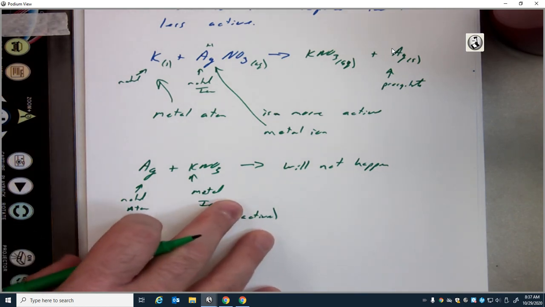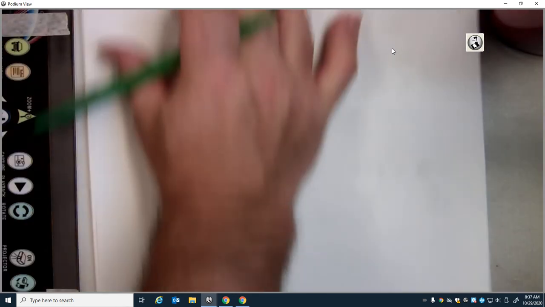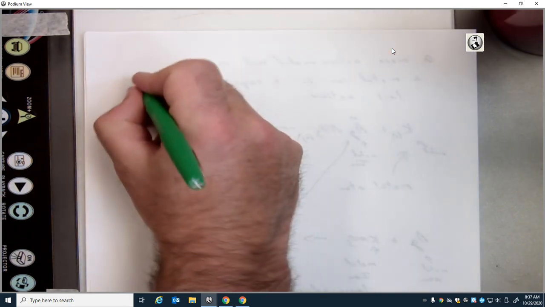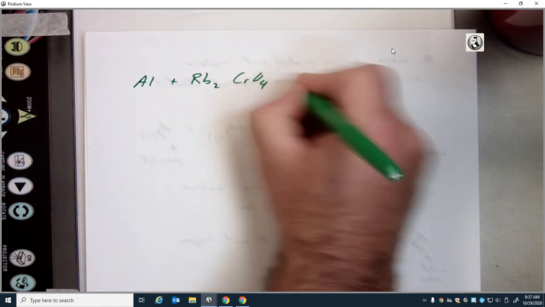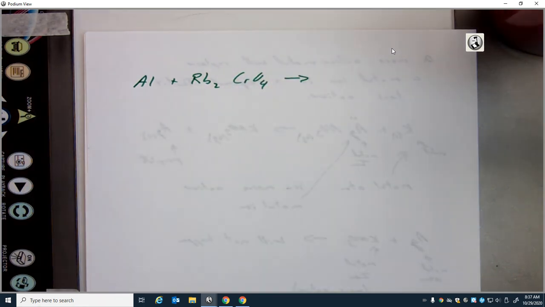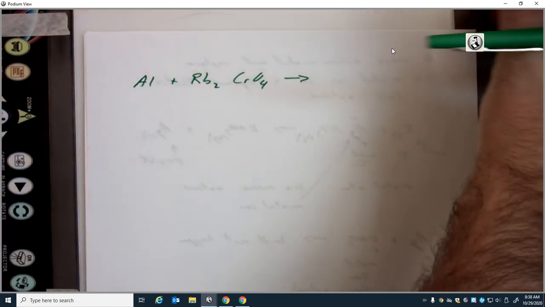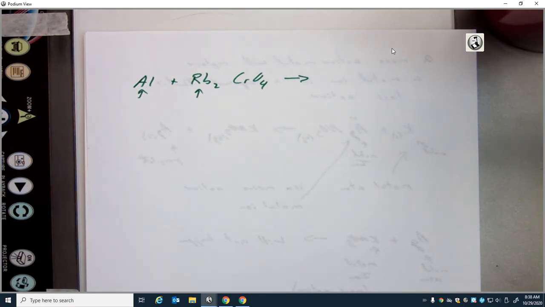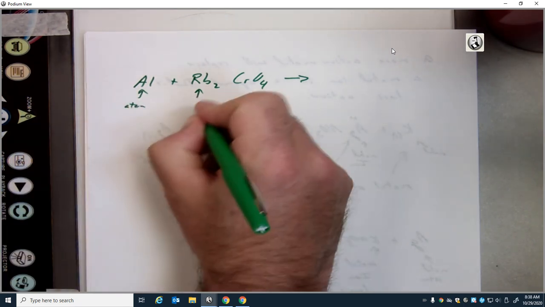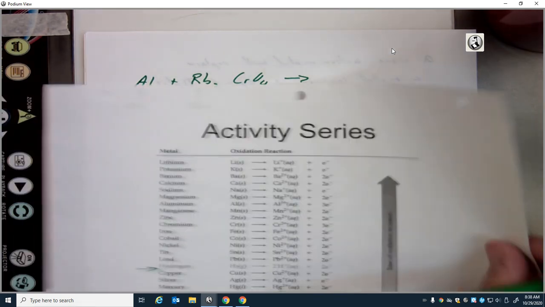All right, so why don't you try one? I want you to tell me, will this redox reaction happen? So if I have Al plus Rb2CrO4, will that redox reaction happen? So the question is, is Al more active than Rb? Because the atom has to be more active than the ion. Well, if you don't remember, we can look here.